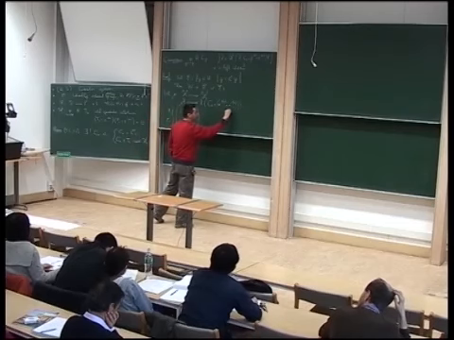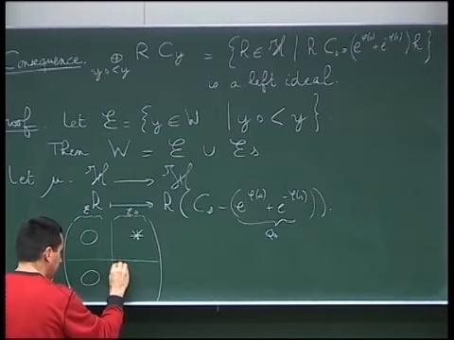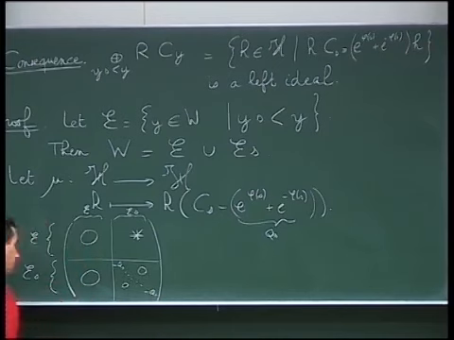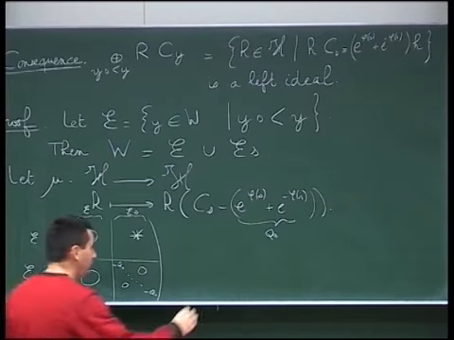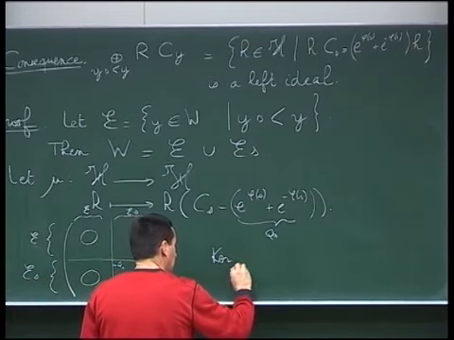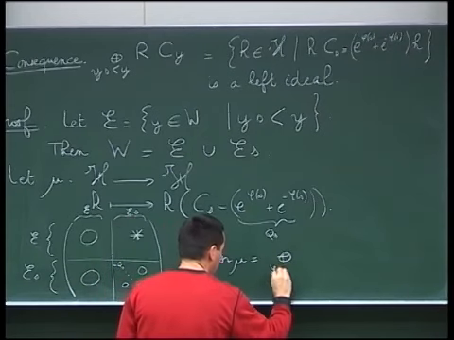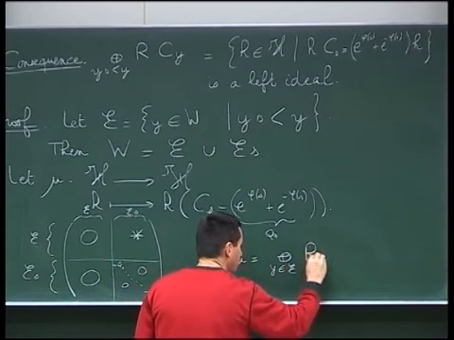Let's call this guy QS. So you obtain minus QS. Okay. So once it is written in this form, it's clear that the kernel of mu is equal to the sum for Y in E of the RCY.